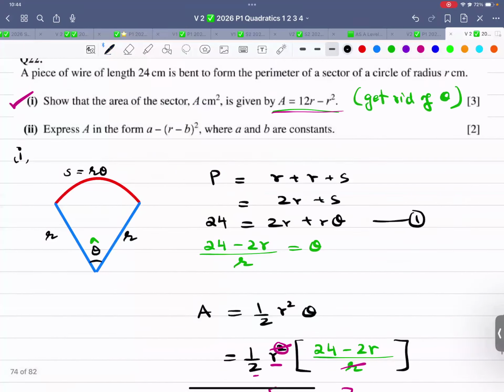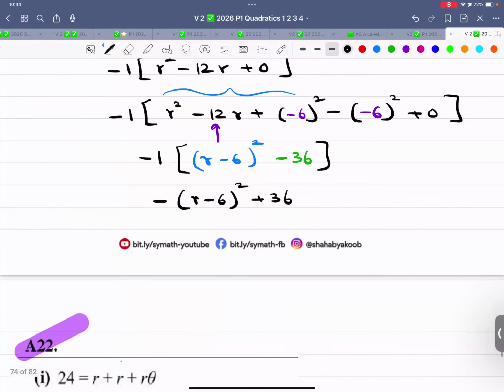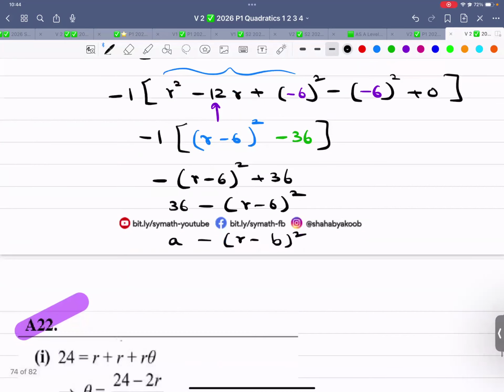And how have they written it? They have written A minus r minus B whole square. So they have written A minus r minus 6 whole square. So if you want A and B separately, what is A? 36. What is B? 6. That is simply comparing coefficients. Double check.